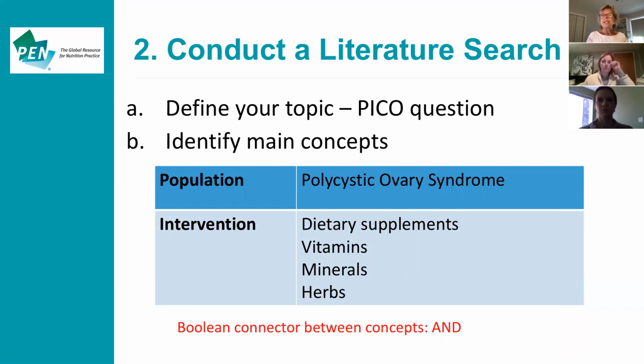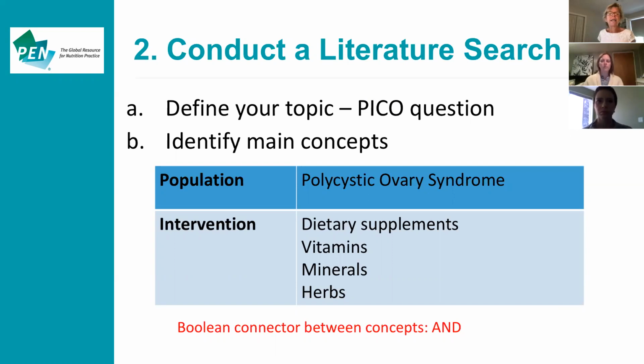And the intervention is dietary supplements, which could include vitamins, minerals, herbs, depending on how we're thinking about what a dietary supplement might be. To combine those main concepts, we'll be using AND as the Boolean connector to look at the population and the intervention together to focus our search.